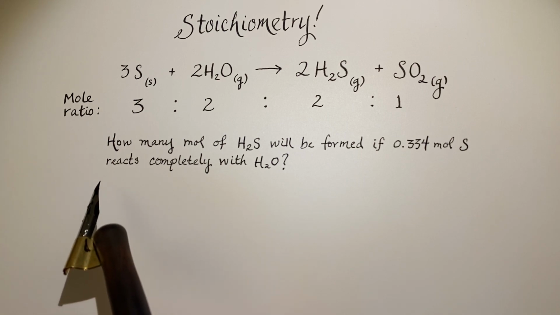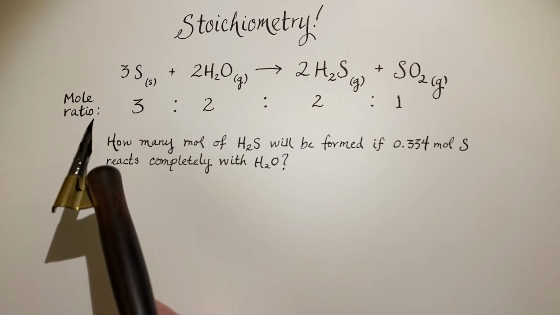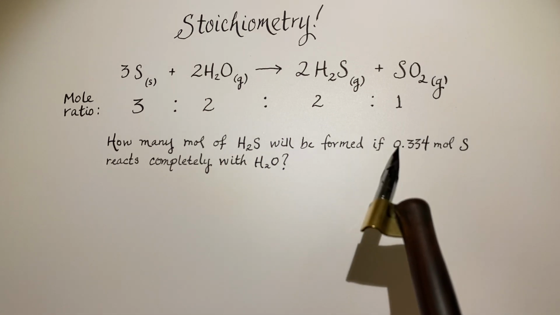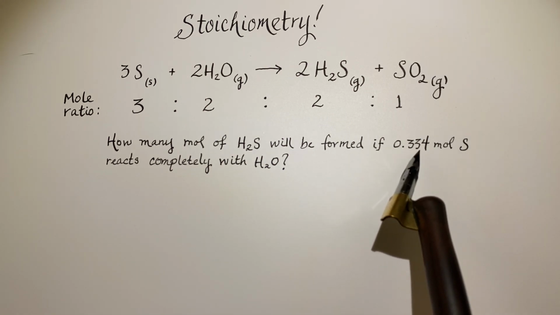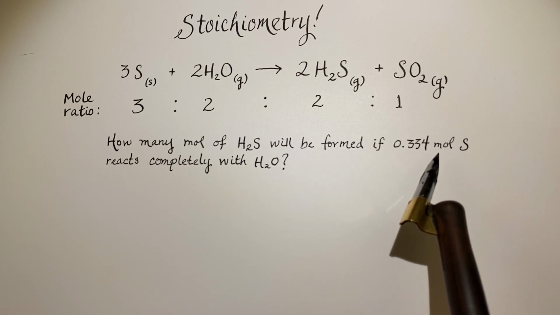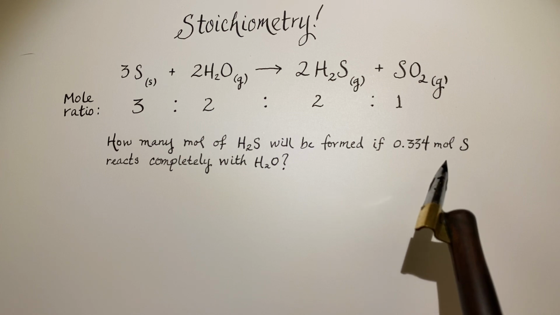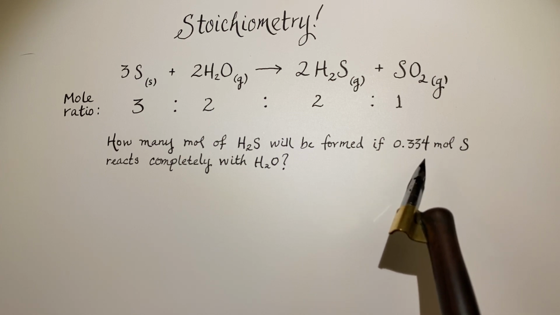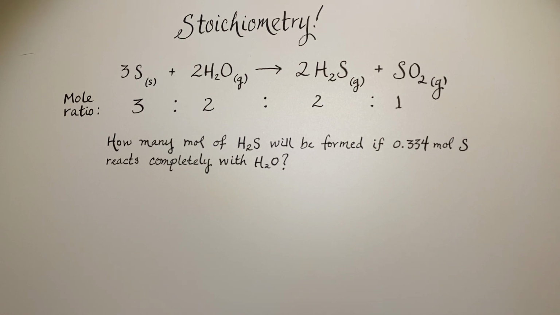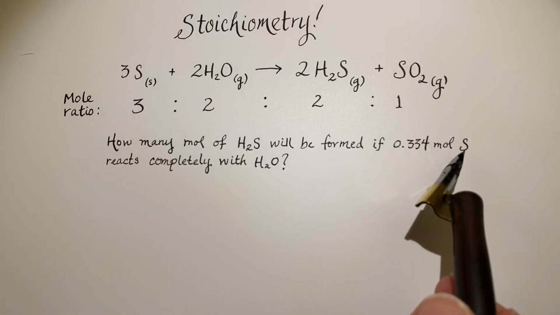So, given this equation as it is, given this question, we want to start with what we know, what we've been given. And if you've seen my short video about if you're stuck on stoichiometry problems, when in doubt, calculate moles. Well, here we have been given moles for our sulfur.